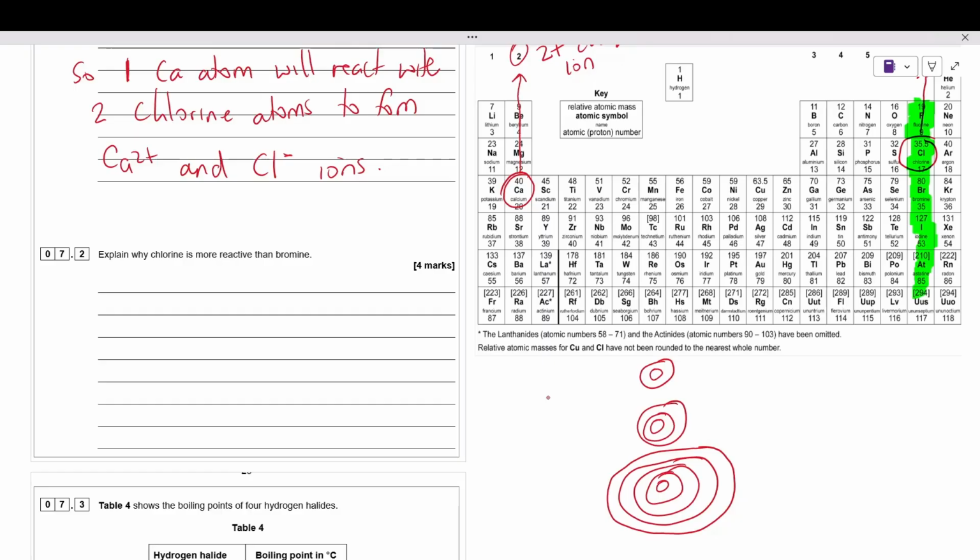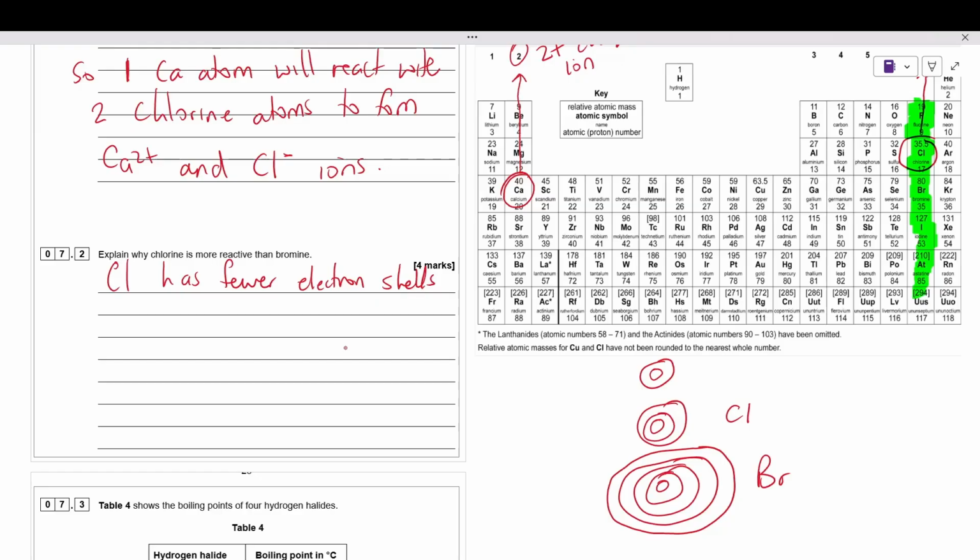So for your nonmetals, remember the key thing is that they need to be able to gain electron. So this is going to represent your chlorine, and this represents your bromine. So we can see chlorine has fewer electron shells. So we're going to write that. So Cl has fewer electron shells.